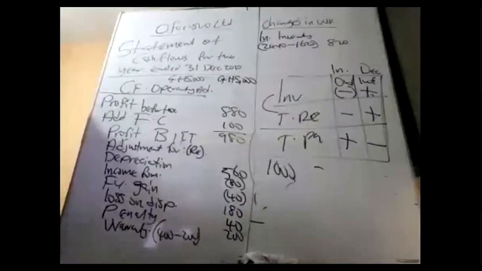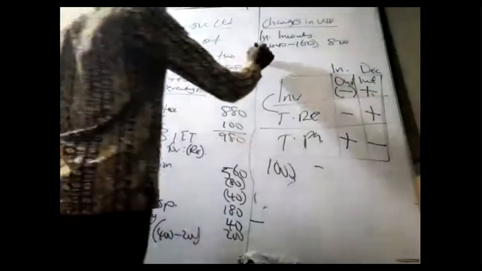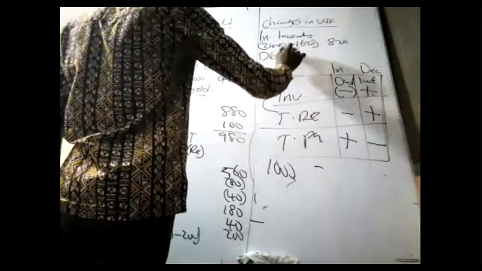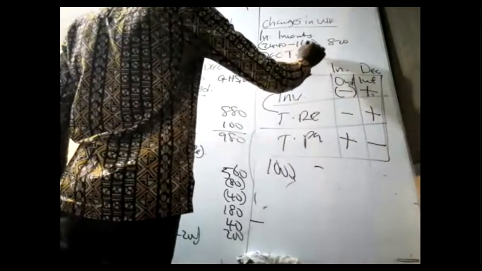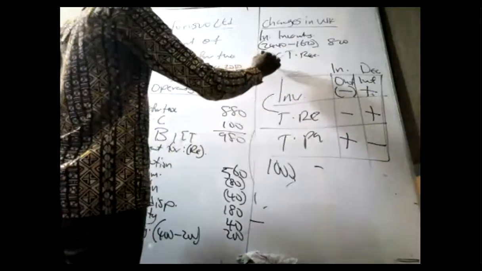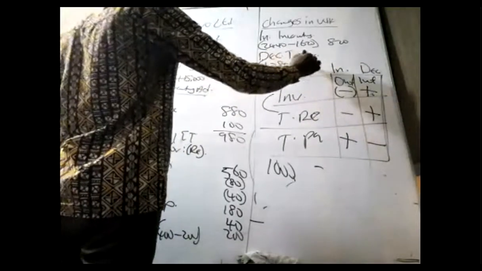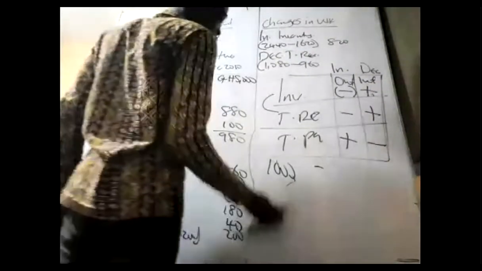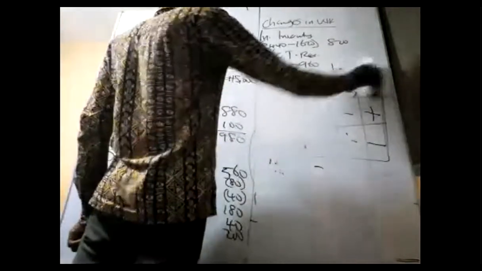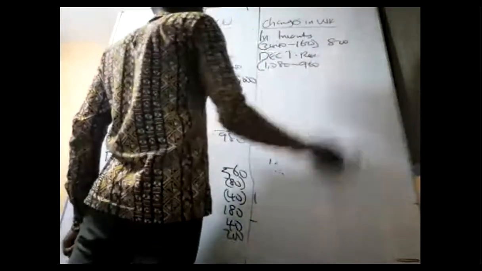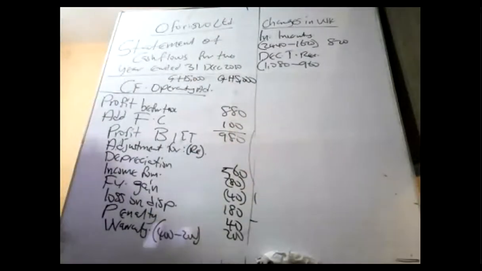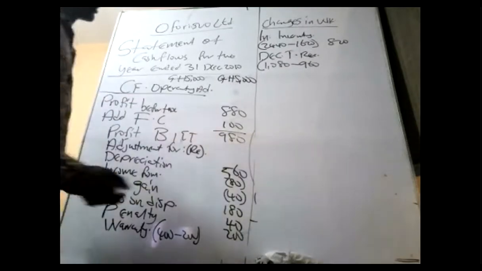So that is a decrease in trade receivable. Open the bracket: 1,080 less 960. What do you get? This table should be part of you, and you need to use a red pen to jot the point down. This will give us 120.